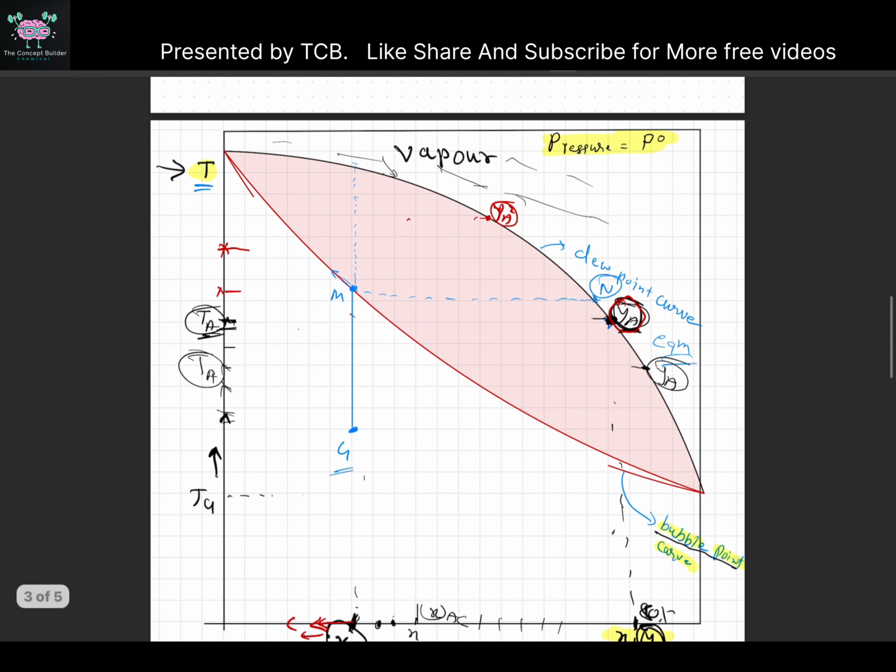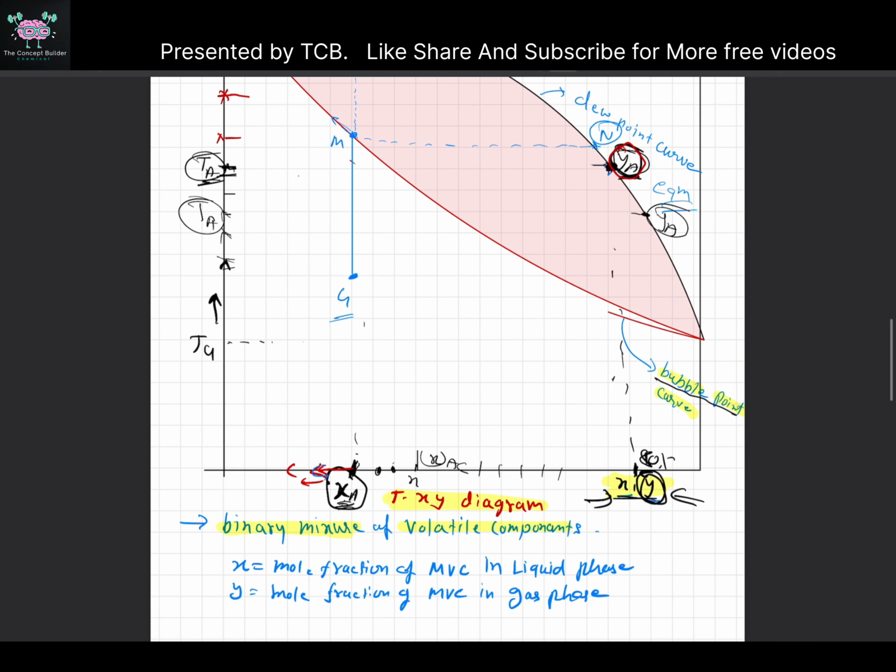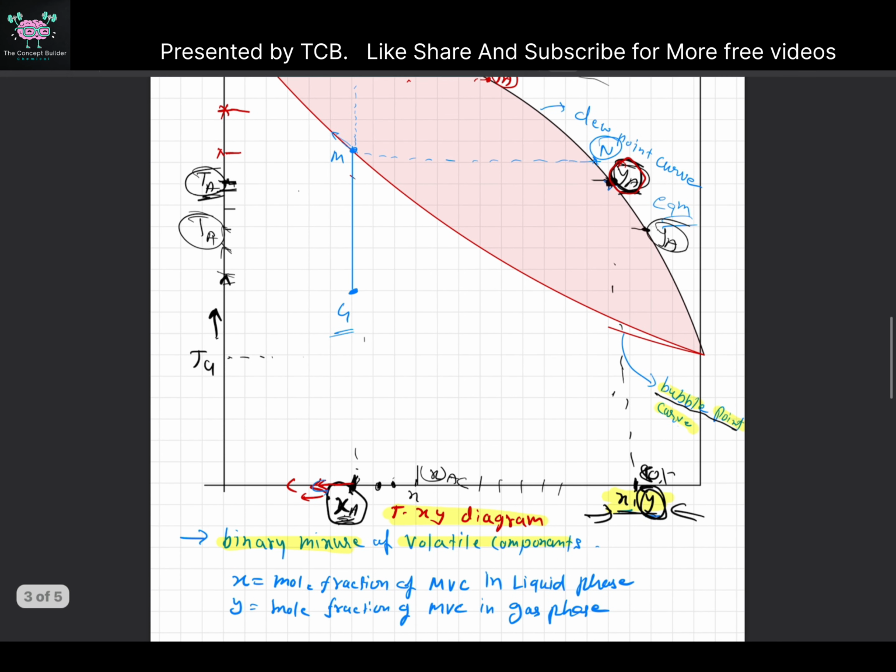But here is an interesting thing. As we give more heat, as the composition changes, the amount of liquid left in it will also change.